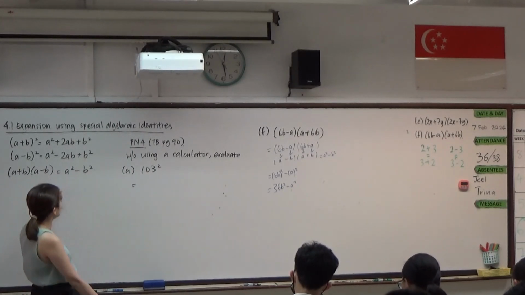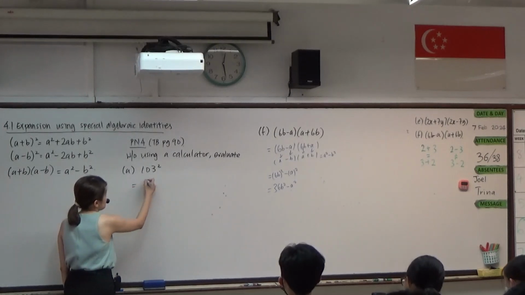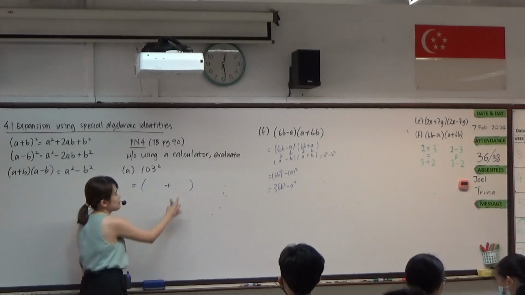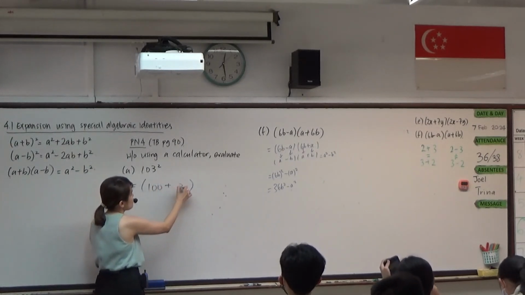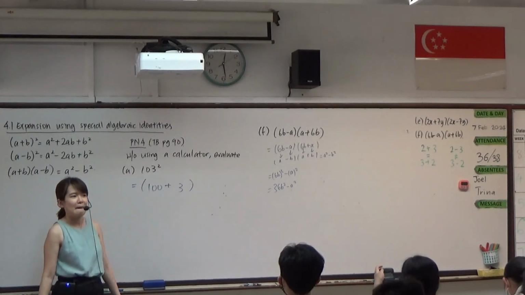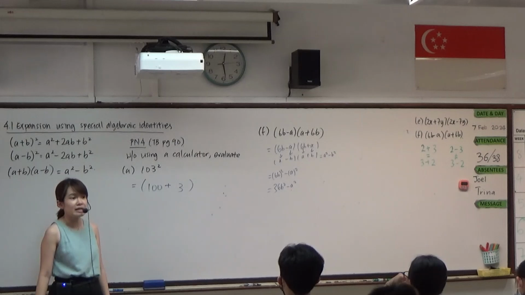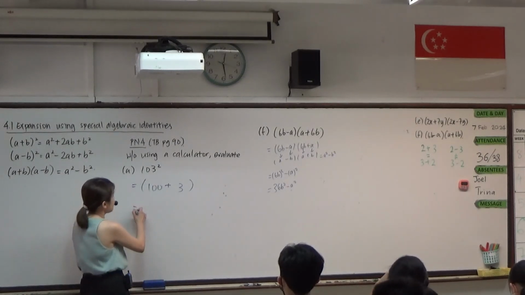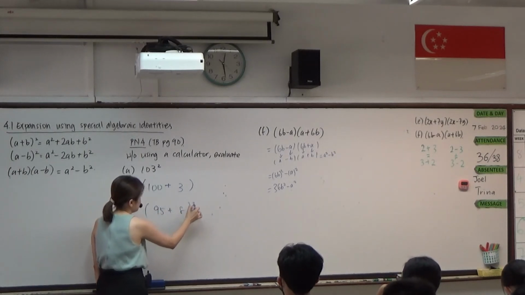But knowing our identities will really help us, because 103 can be broken down into something plus something: 100 plus 3. Why do we choose 100 plus 3? Because it's easier. 100 square is easy to calculate, 3 square is easy to calculate. Of course, you could break it into 95 plus 8.